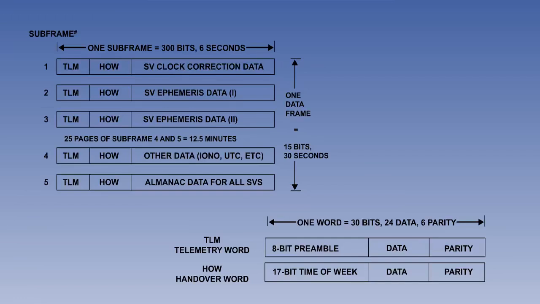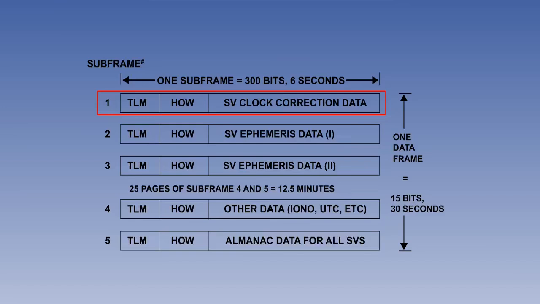Each frame starts with 2 words. The first, the telemetry word, is a preamble to the data that follows it. The second word, the handover word, states the SV time, so every line of data starts with SV time. Frame 1 contains SV clock error.